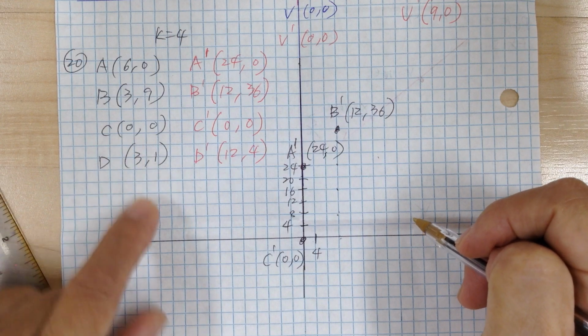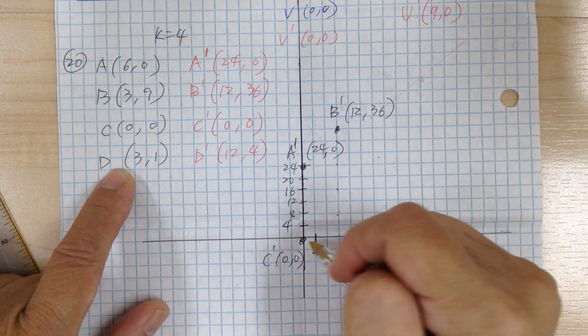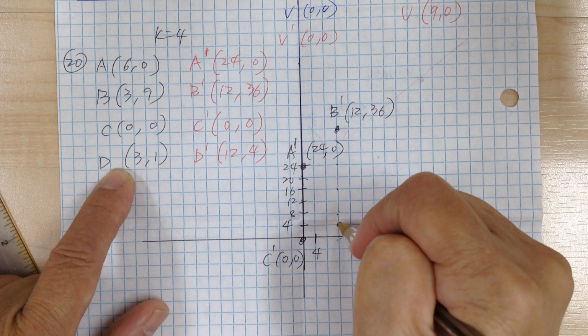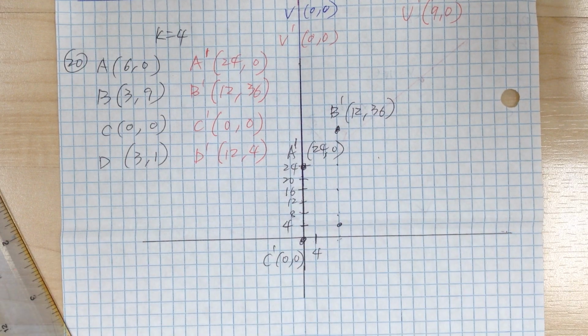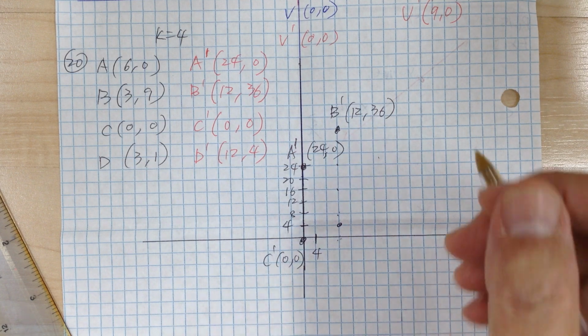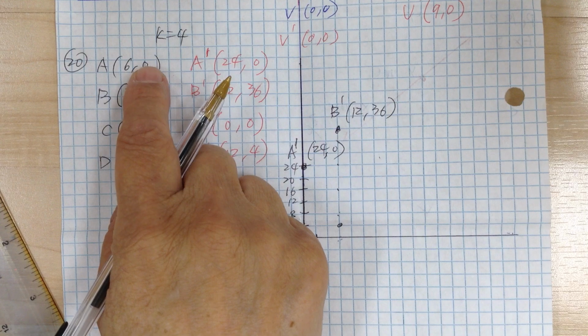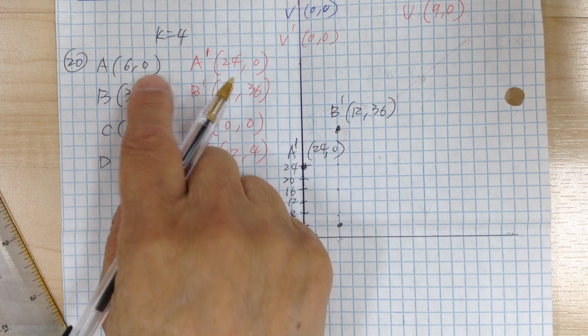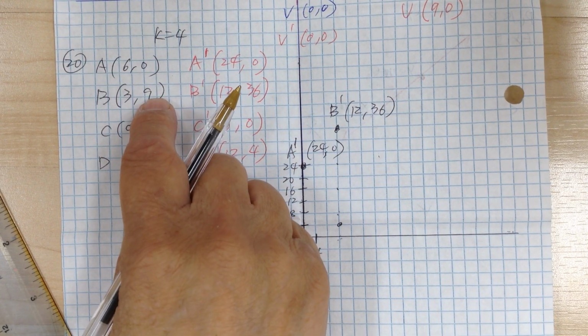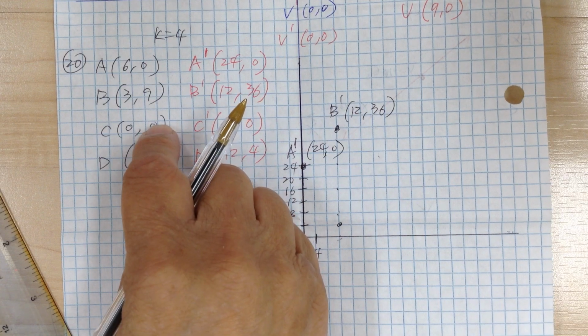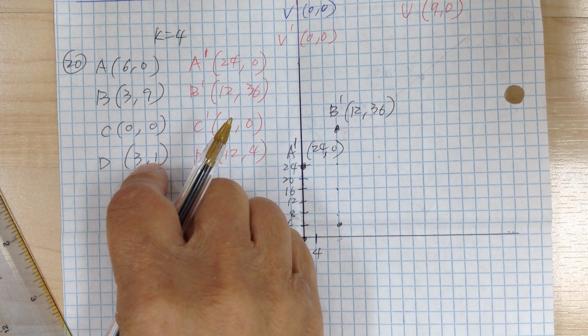And then D is 3, 1, right? So it'd be 3, 1. Okay, double check. You got 6, 0, 3, 9, 0, 0, 3, 1.